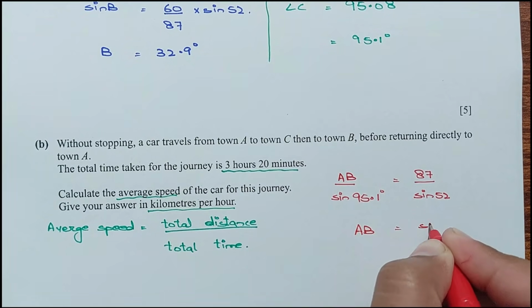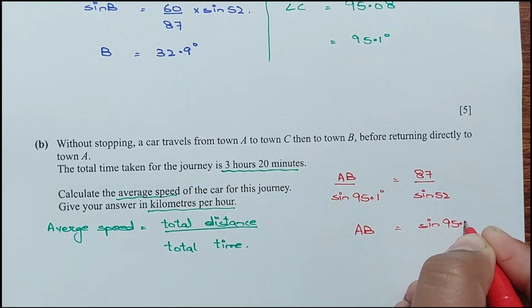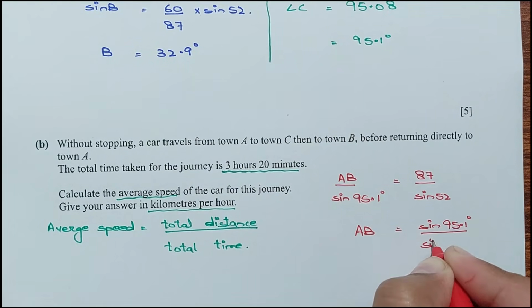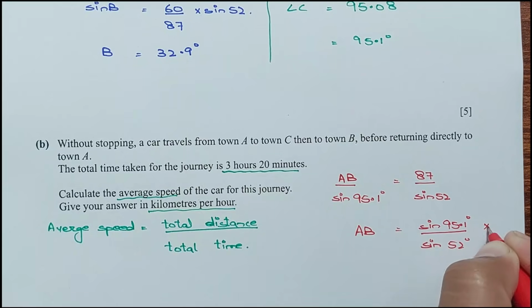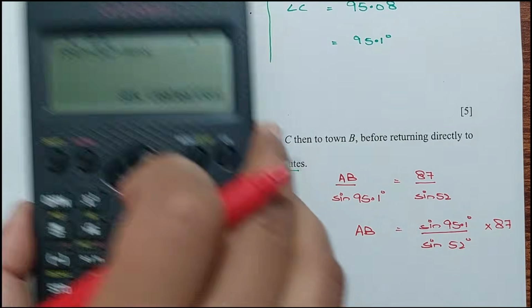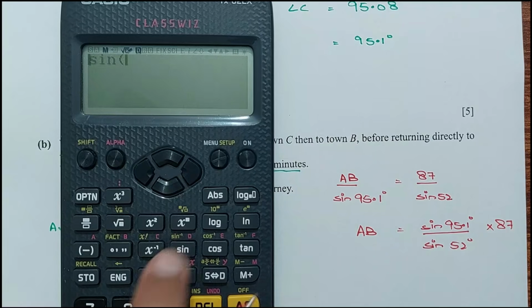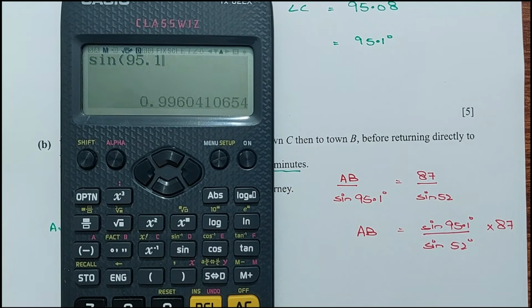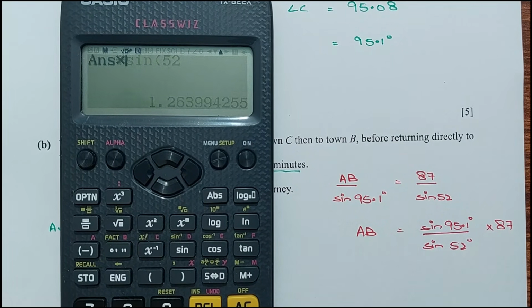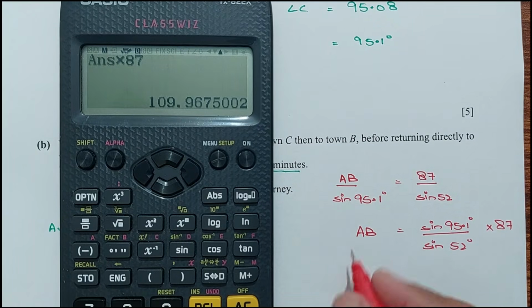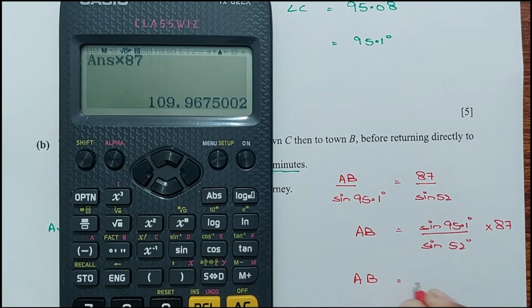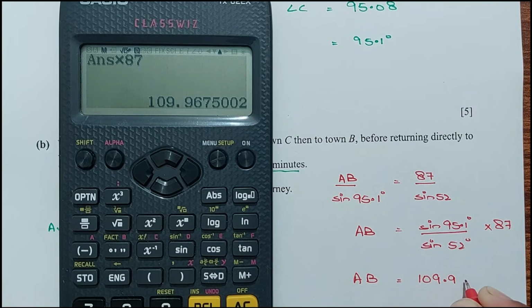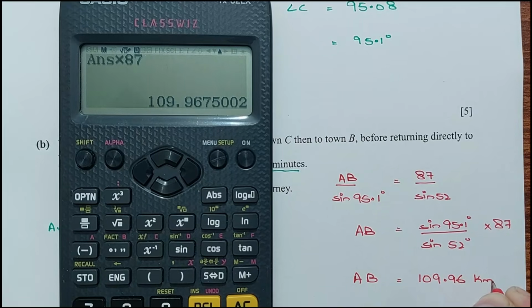So AB would be sine of 95.1 degrees over sine of 52 degrees times 87. Let me simplify this. Sine 95.1 over sine of 52 times 87 gives AB equals 109.96 kilometers.